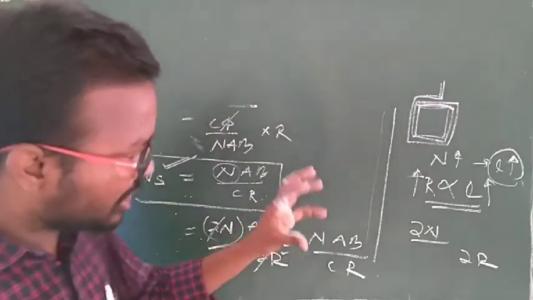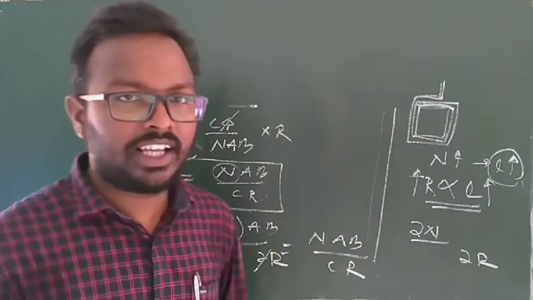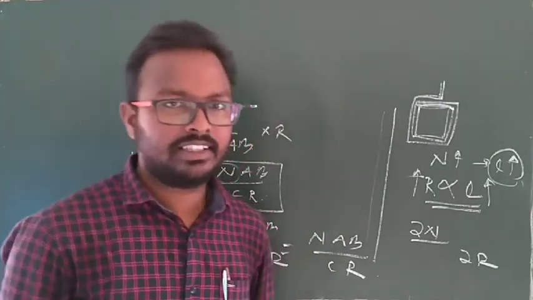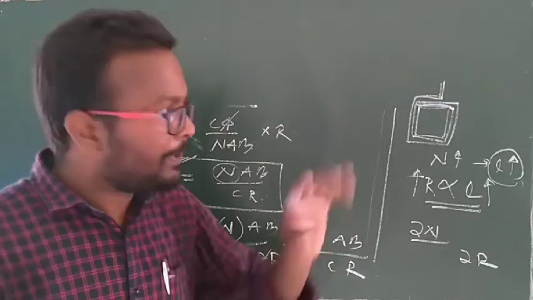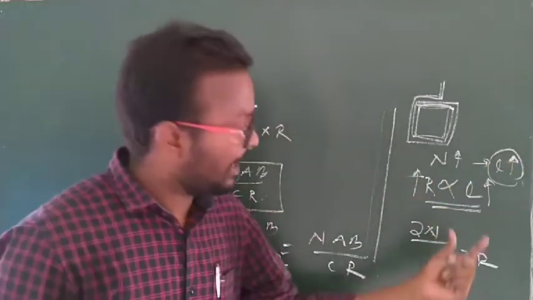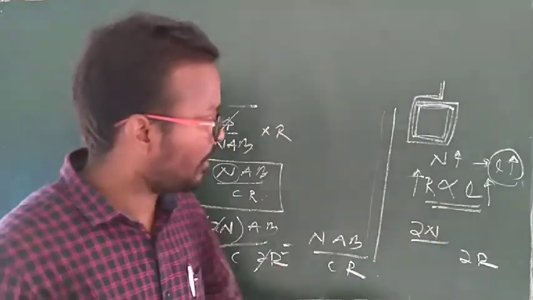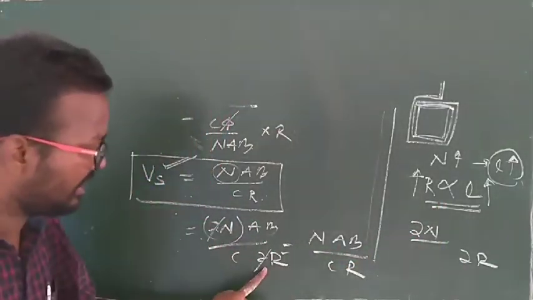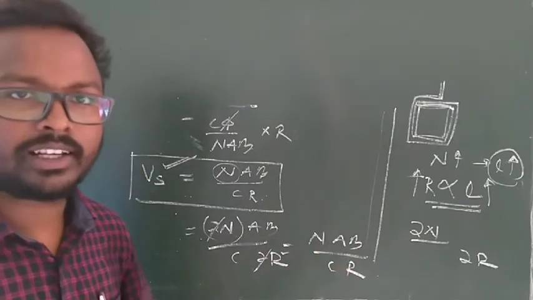If we increase the number of turns of the coil, can we increase current sensitivity? Yes. Can we increase voltage sensitivity? No. Because if the number of turns of the coil increases, then the length of the coil increases. If the length increases, then the resistance increases. So the 2 cancels. The same thing, NAB by C into R.